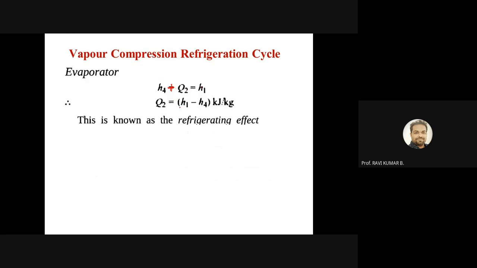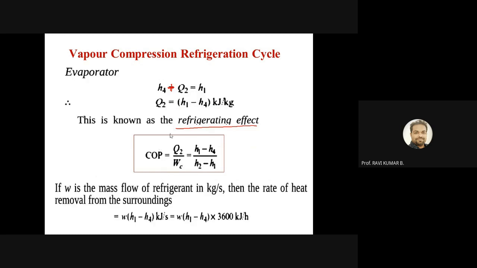So you can say Q2 is equal to H1 minus H4 kilojoule per kilogram. This is known as the refrigerating effect, or cooling effect. So we can say the coefficient of performance is equal to the cooling effect, the desired effect, divided by the work input to the compressor. So we can easily define the coefficient of performance of this vapor compression refrigeration.